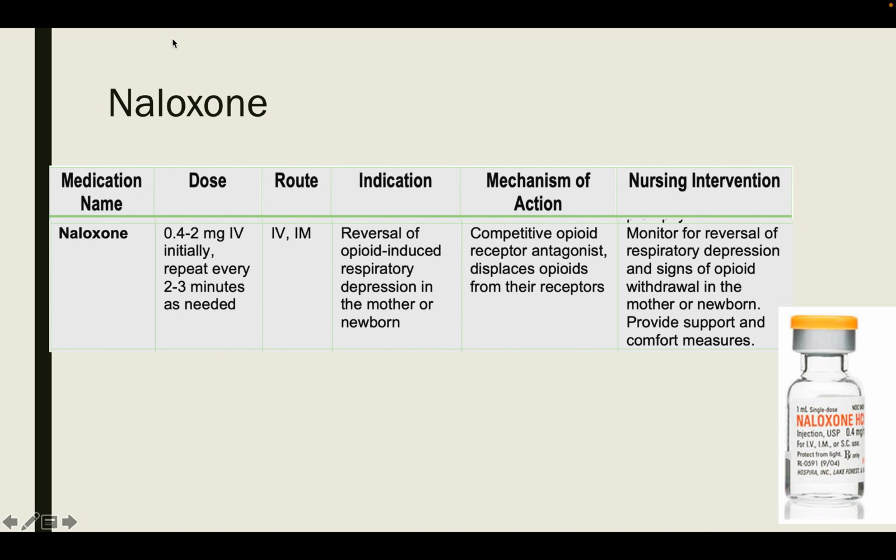Naloxone is well known as the Narcan medication. It's an opioid antagonist, an antidote for narcotic medication. Technically, it will stop the effect of narcotic medication in case we see any side effects on the mother and the newborn.